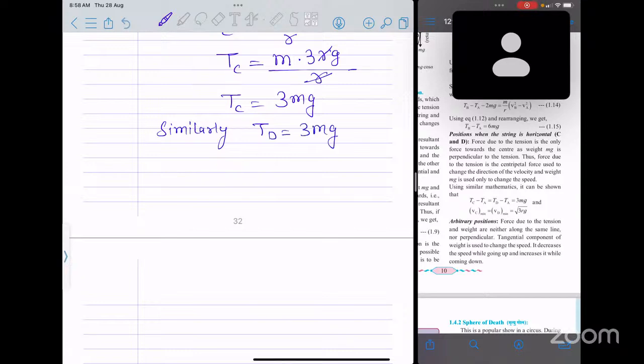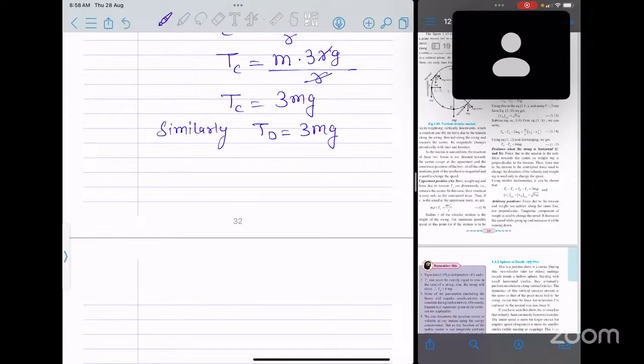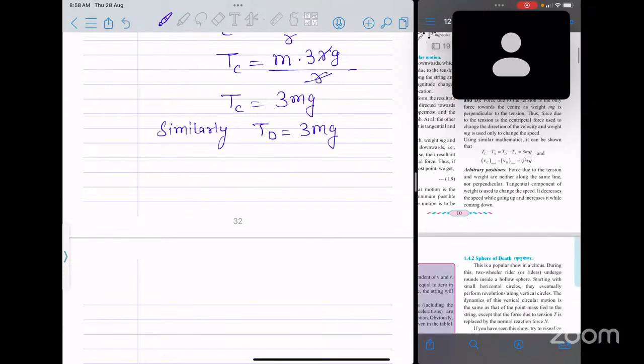Are you getting it, or any doubt? Yes, sir. Okay, at any arbitrary position, if you want to find the velocity and tension, we will use two different concepts. First, an equation which involves centripetal force using tension and the component of weight, mg.